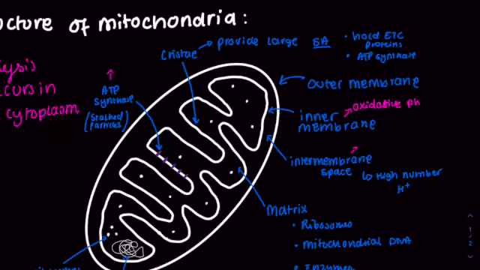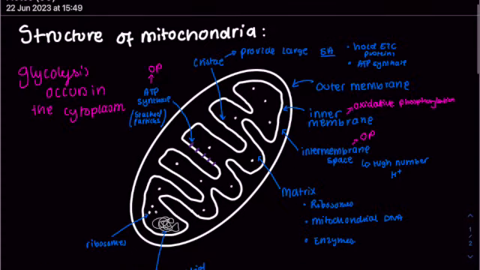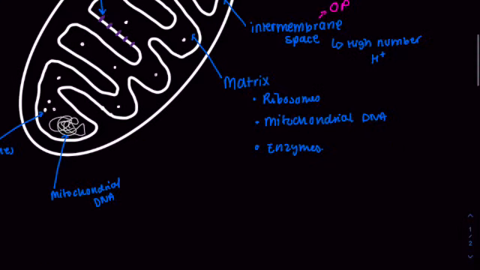I'm just going to write OP for short. Okay. The matrix is where you have two other processes occurring. So aerobic respiration has 4 stages.